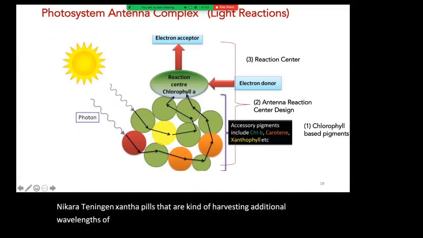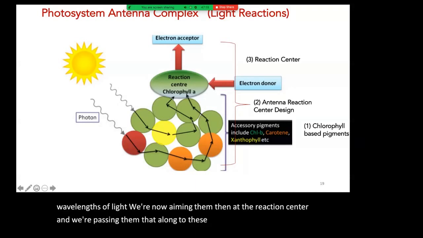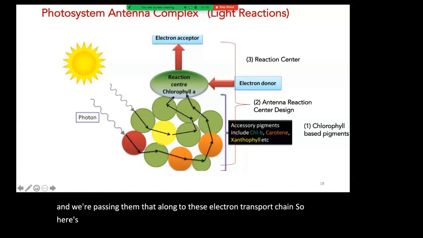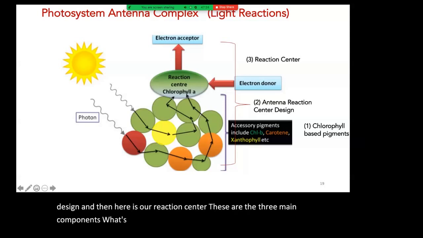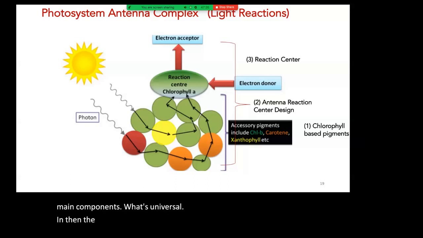We're now aiming them at the reaction center, and we're passing them along to the electron transport chain. Okay, so here are our chlorophyll-based pigments, here's our antenna reaction center design, and then here's our reaction center. These are the three main components of what's universal in the photosynthetic light harvesting structure itself.